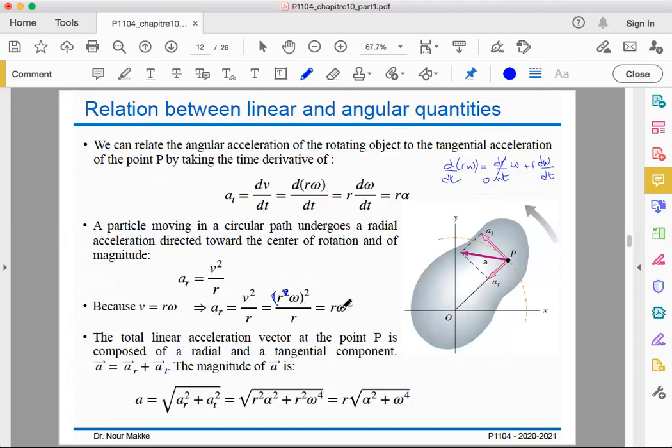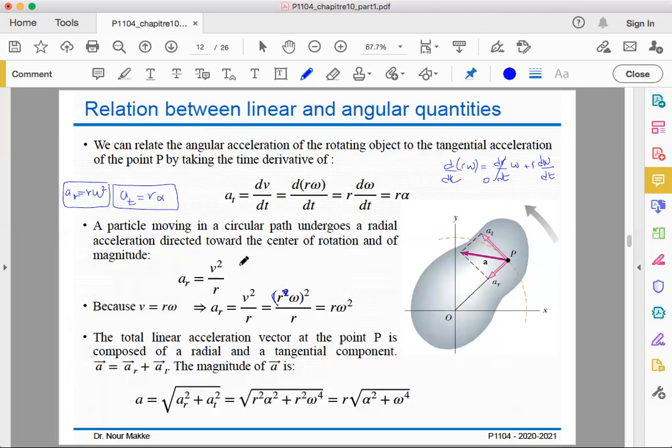And so this reduces to r multiplied by omega squared. So we have to know these two equations. First, a_t is related to alpha through a_t equals r alpha. And finally, a_r is equal to r multiplied by omega squared.